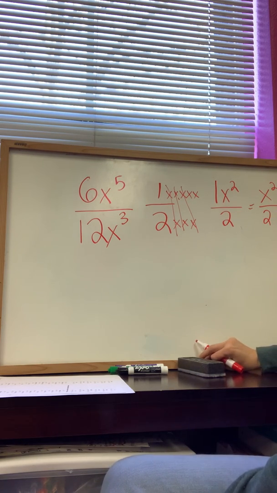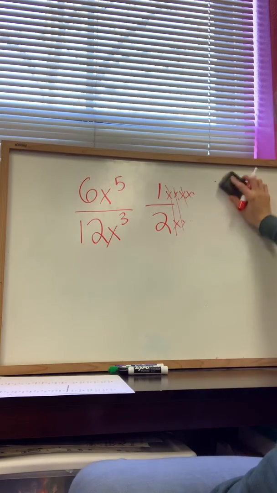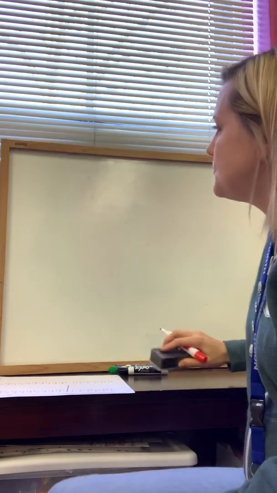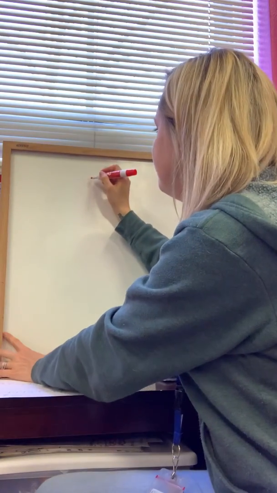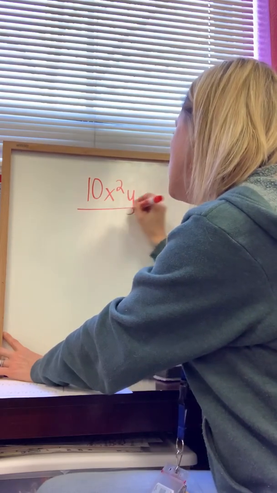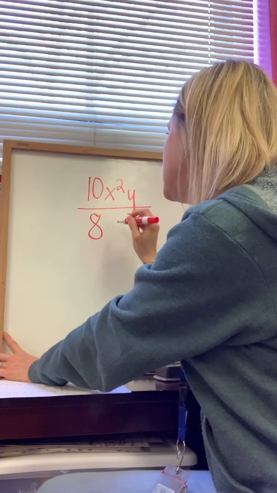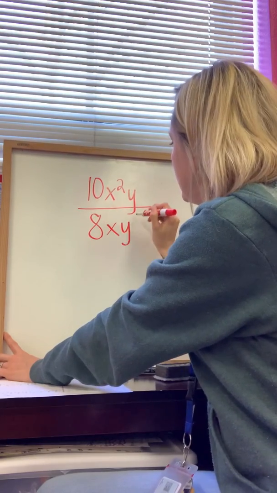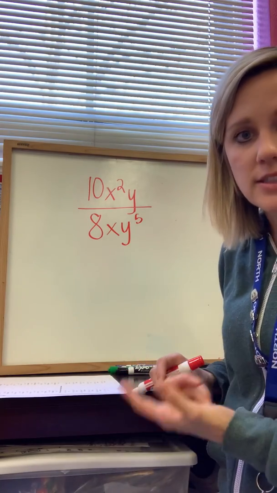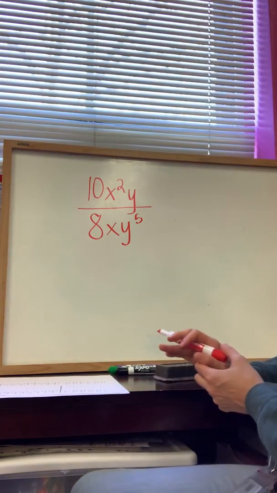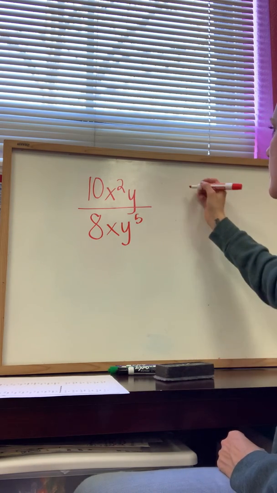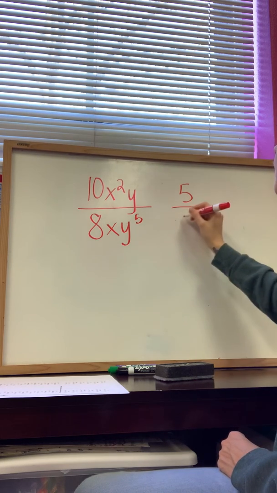Let's try a couple more with more than one variable. So let's do 10x squared y over 8x y to the 5th. Why don't you pause the video and try to solve this one by yourself real quick? The first thing I'm going to do is simplify 10 over 8 to 5 over 4.